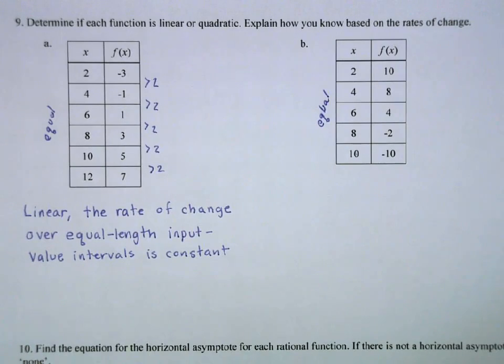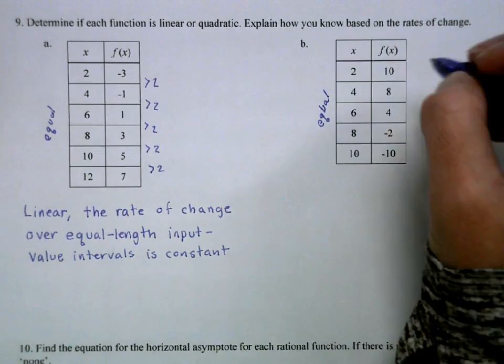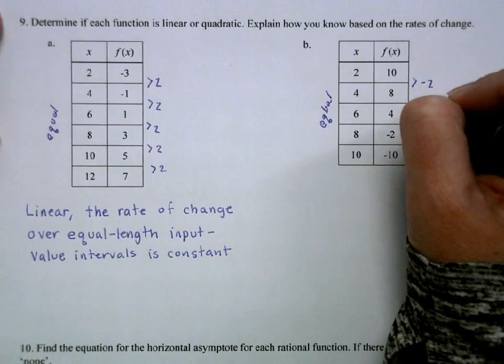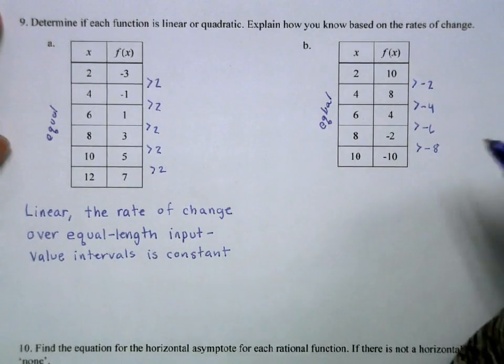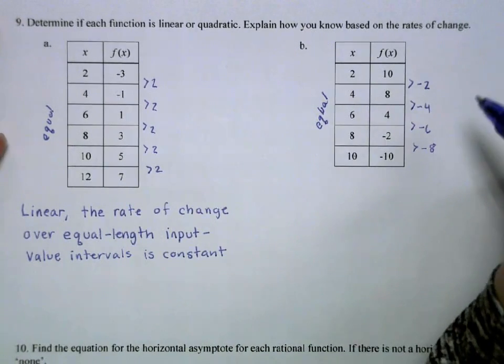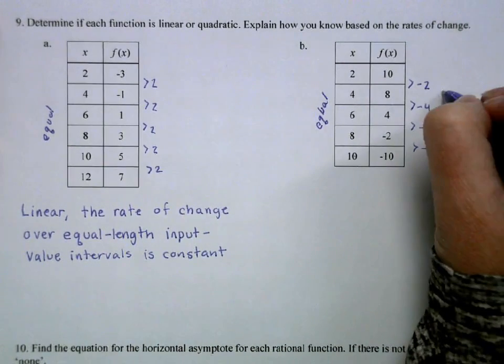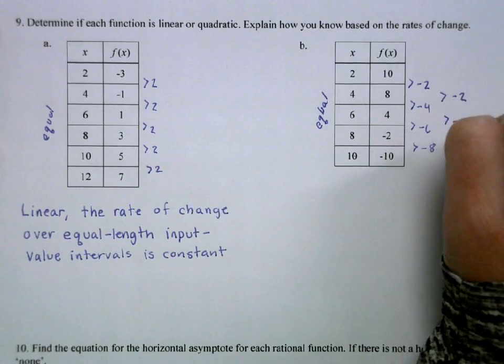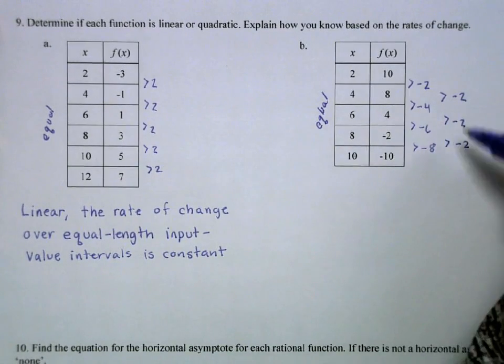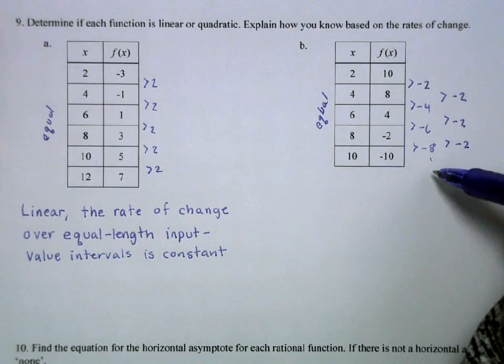The second one, we're going down 2, down 4, down 6, down 8. So there's certainly a pattern there, but it is not linear because those are not constant. But if I look at here, we're going down 2, down 2, down 2, which means there is a constant for the rates of change. So this one's going to be quadratic.